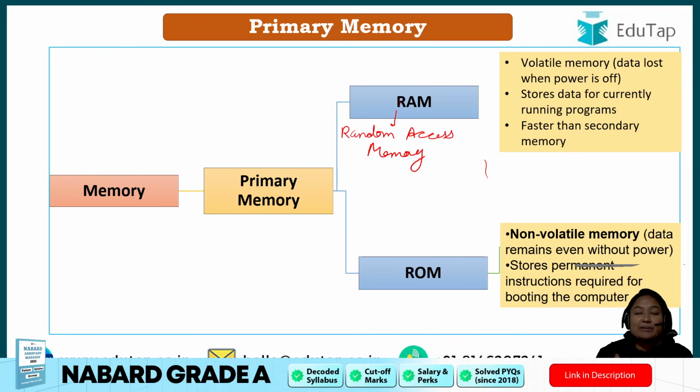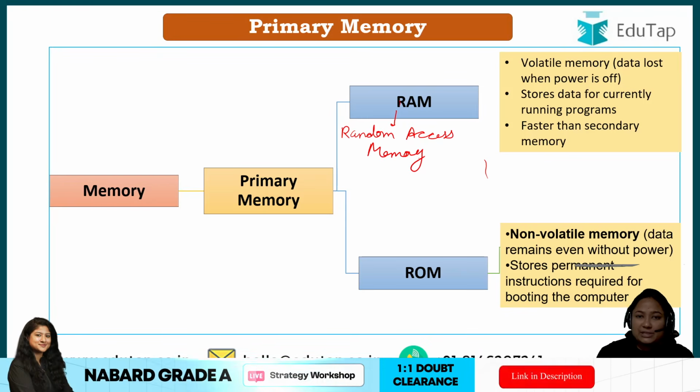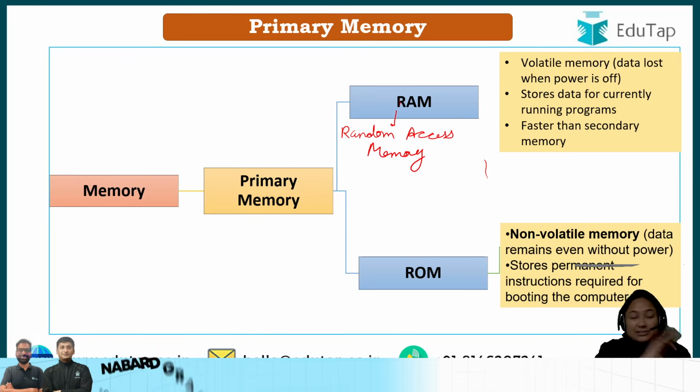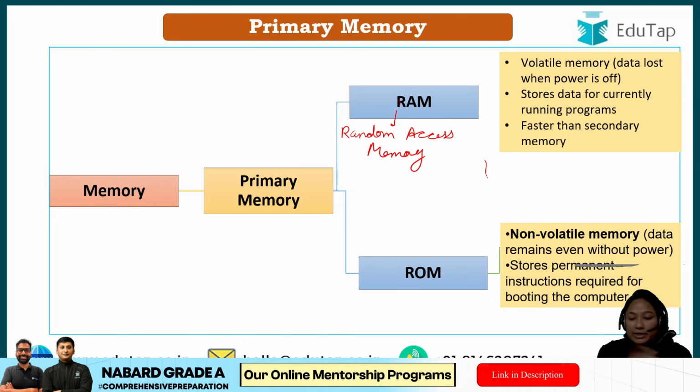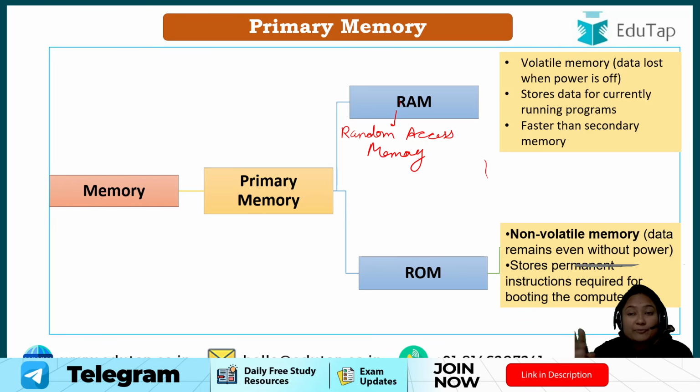You must have seen this when we are working in a Word file or a PPT and making some changes. For a while, the changes are visible to us. But suddenly the power goes down, or my computer or laptop shuts down, and all the data that I have worked on will be lost forever.